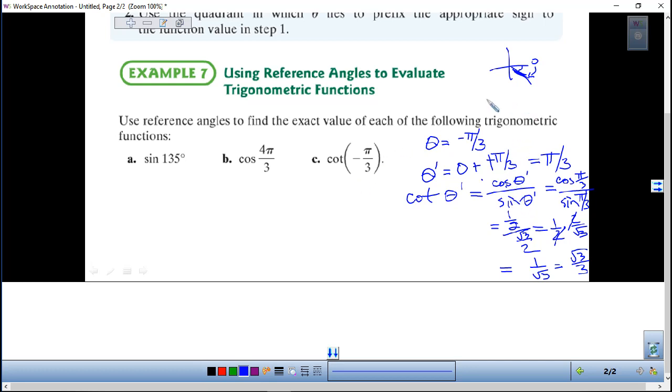So in quadrant 4, the cosine is positive and the sine is negative. The x is positive and the y is negative. Same thing. So we're going to end up with a negative and a positive. That's going to give us a negative. So the cotangent of negative pi over 3 is negative square root of 3 over 3.